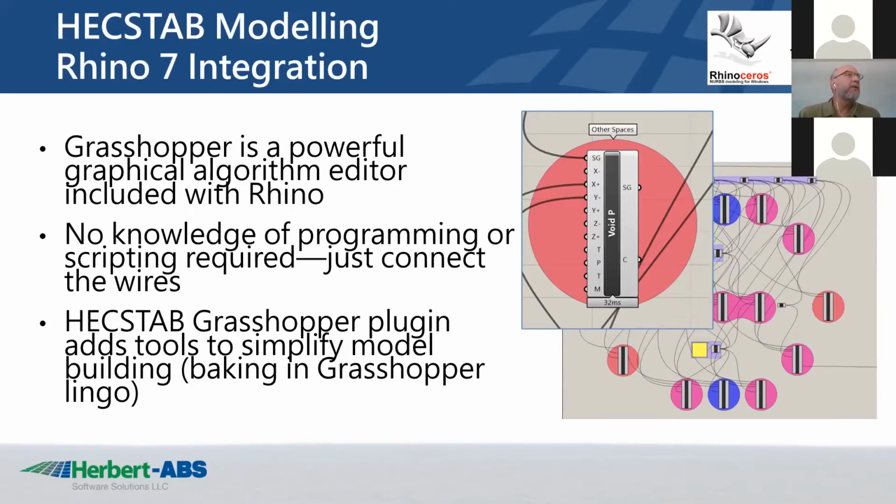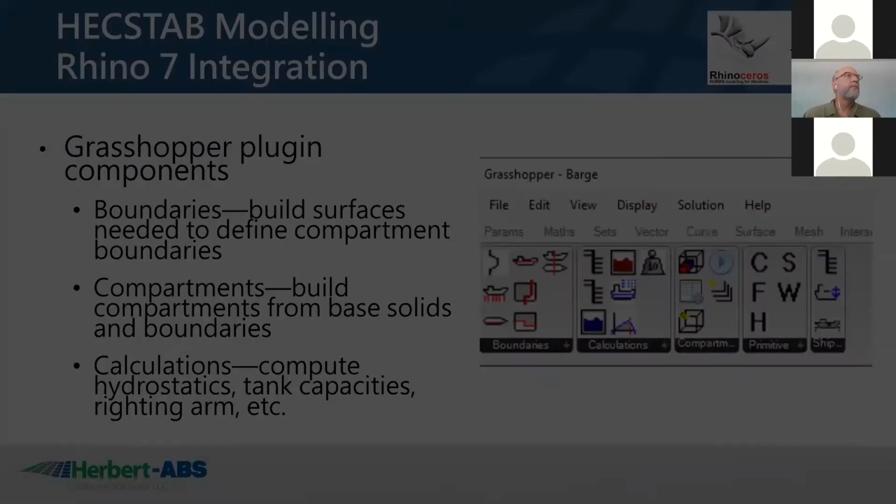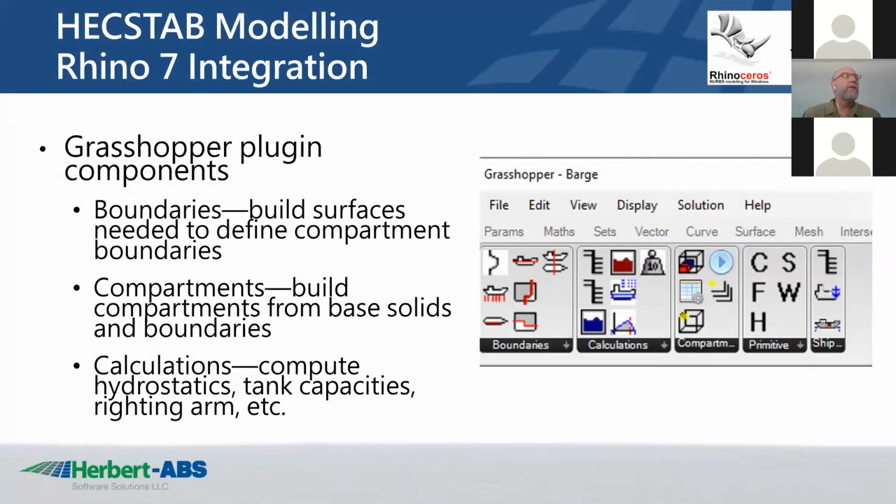So what we've tried to do with the Grasshopper plugins is add some specific tools to help with modeling, and mostly with compartmentation. The components we're going to be looking at are these Grasshopper plugin components. We're still trying to make some pretty icons. We're not quite there yet, but they're basically tools to build boundaries that you can use to define compartments, some basic components to help you build the compartments.